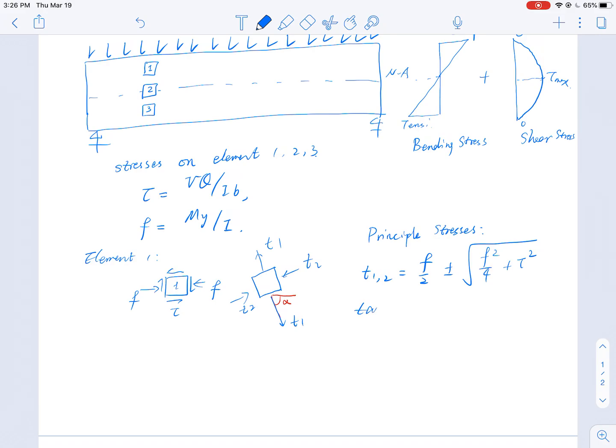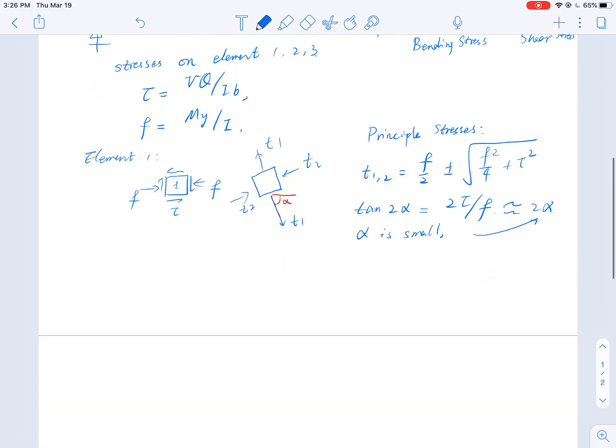Okay, and also I know the angle tangent of 2 alpha equal to 2 tau over sigma. Since alpha is small, tangent 2 alpha is approximately equal to 2 alpha. Okay, so for element 1, this is the stress state.